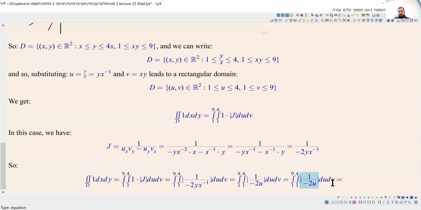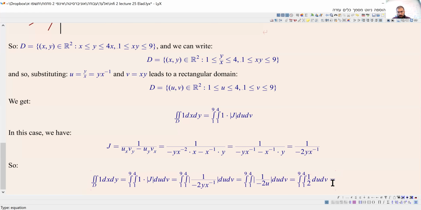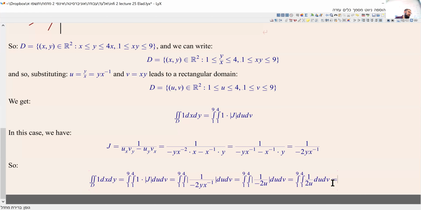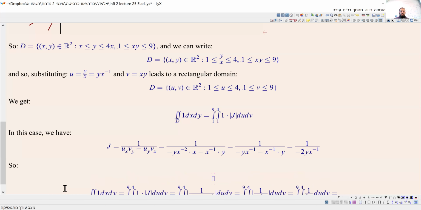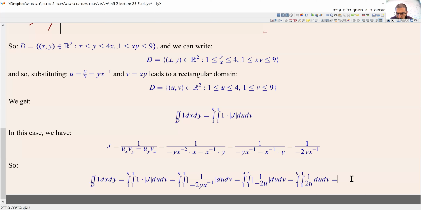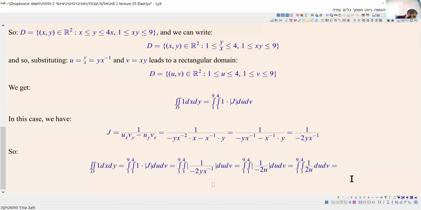We are left with 1 over 2u. And from now on, it's a pretty simple integral. We've encountered such integrals on Sunday, and you probably saw them in probability as well. Is probability fun? No. Okay.